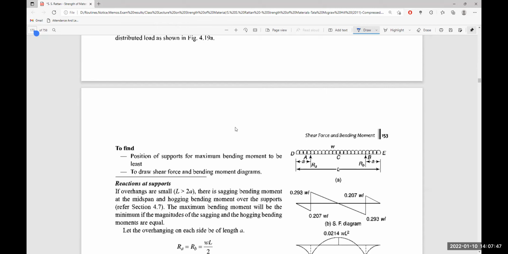The overhangs are small, therefore there is a sagging moment in the middle span and a hogging bending moment over the supports. The maximum bending moment will be the minimum if the magnitudes of the sagging and the hogging bending moments are equal.